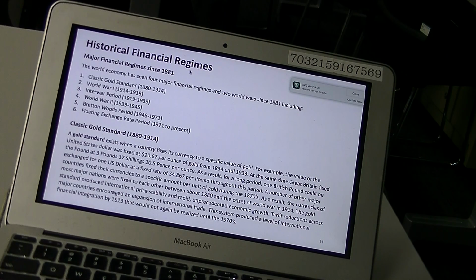So that was the impact that World War I and World War II had on global trade. It reduced global trade for more than 50 years, basically two generations, or almost three generations, that world trade was suppressed.